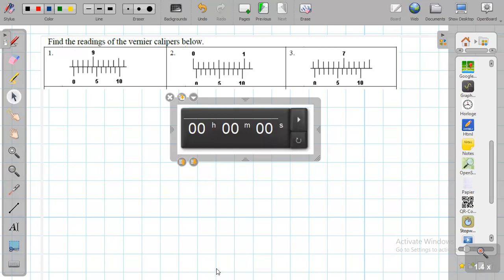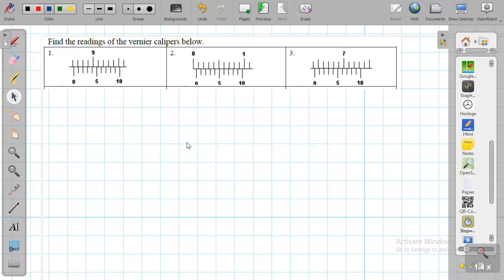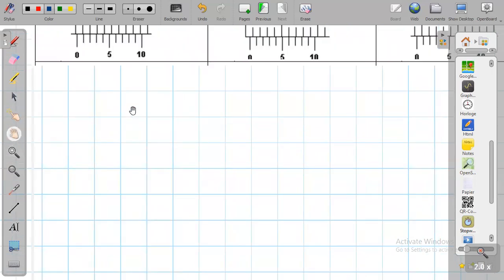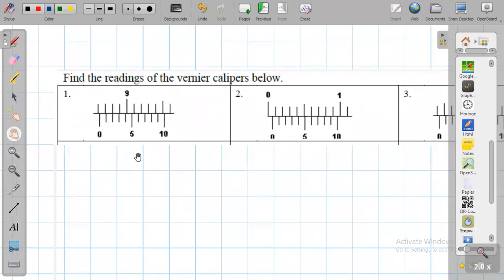Okay. So how to find out the reading of this one? The first one. See the lines over here: 1, 2, 3, 4, 5, 6, 7, 8, 9. So which one is most tallying?